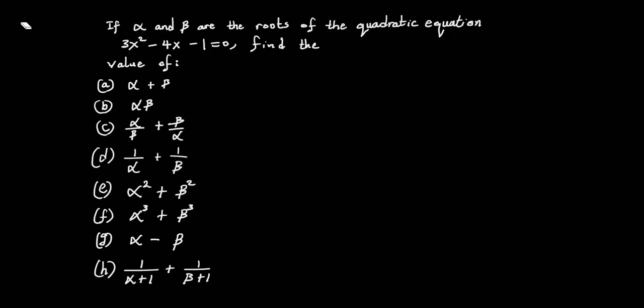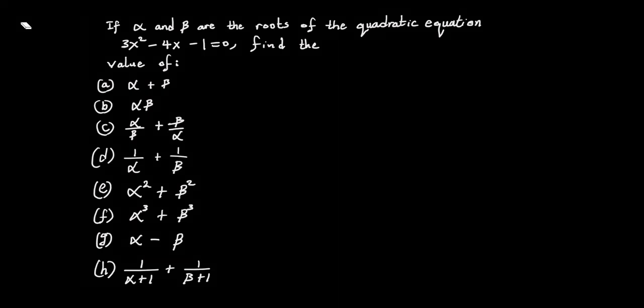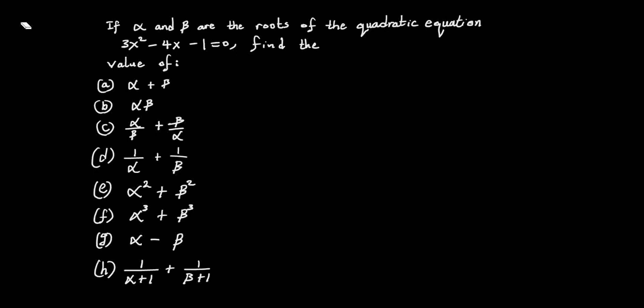This question says, if alpha and beta are the roots of the quadratic equation 3x squared minus 4x minus 1 equals 0, find the value of A, the sum of alpha and beta; B, the product of alpha and beta; C, alpha over beta plus beta over alpha; D, 1 over alpha plus 1 over beta; E, alpha squared plus beta squared; F, alpha cubed plus beta cubed; G, alpha minus beta; and finally H, 1 over alpha plus 1 over beta plus 1.